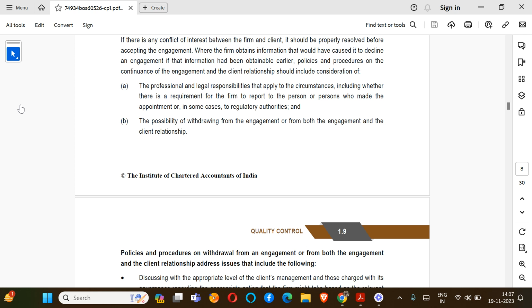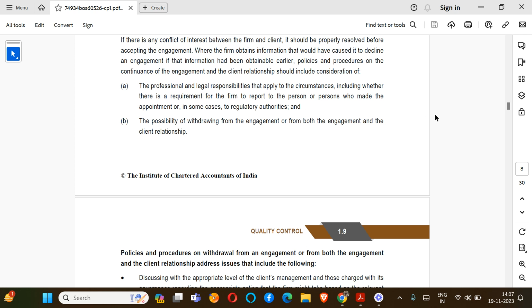It's not to get cheap labor, but it's also to give you experience. It's also to give you the right amount of exposure that is needed in order for you to be future CAs. So make good use of that.